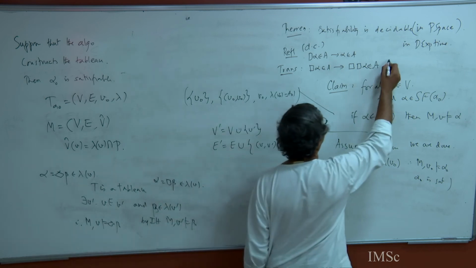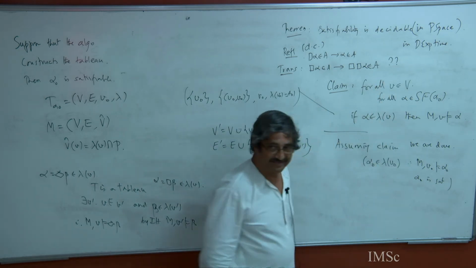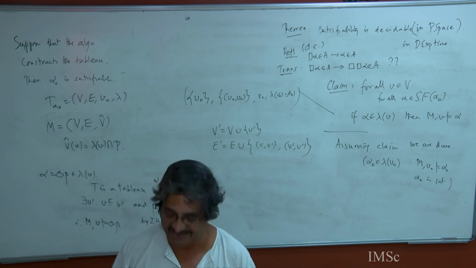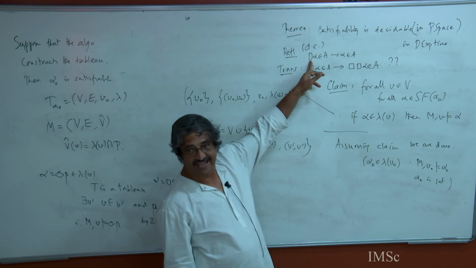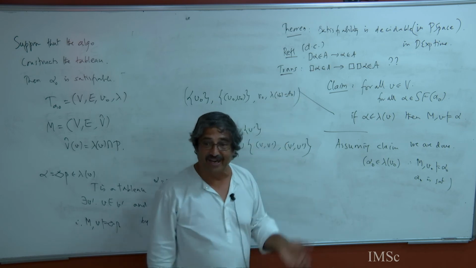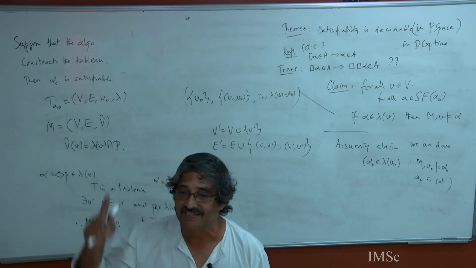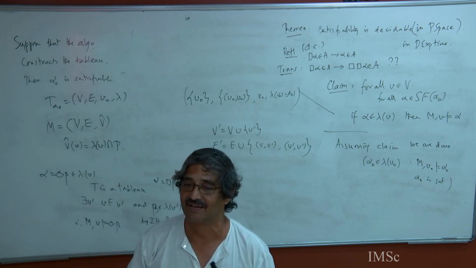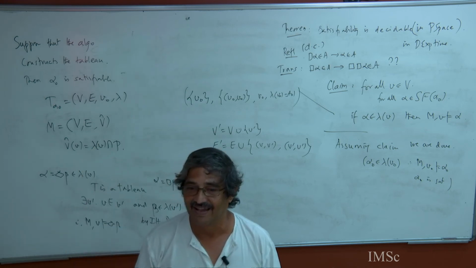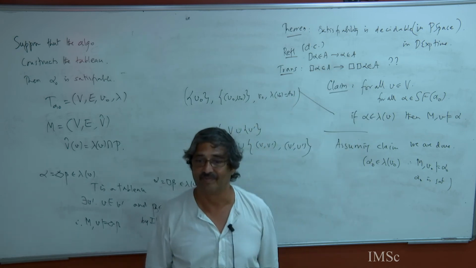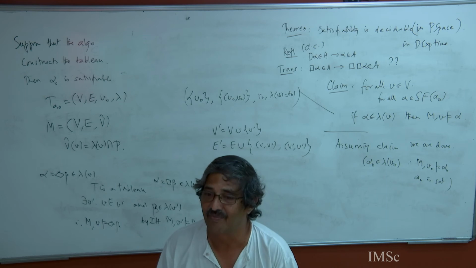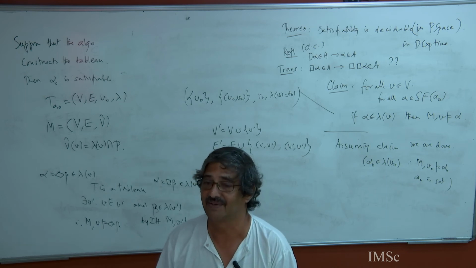But are you justified in doing this? Remember, we are looking for subsets of subformulas of alpha naught. If box alpha is a subformula, then so is alpha. No problem. But if box alpha is a subformula, who says box box alpha is a subformula?